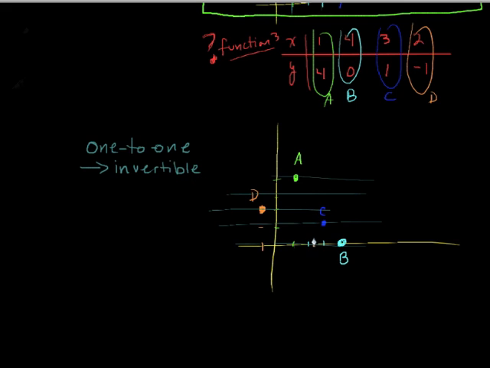And all that means is that you can take this function rule, let me write yes up here, and you can reverse it, which just sounds like invertible. Based on the y value, you can go back to the x value.